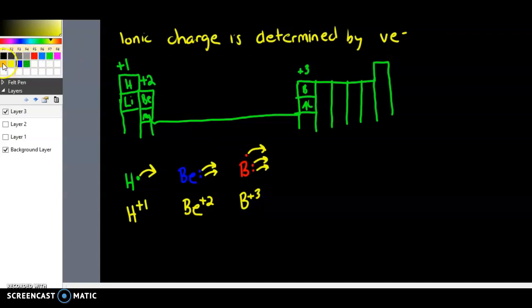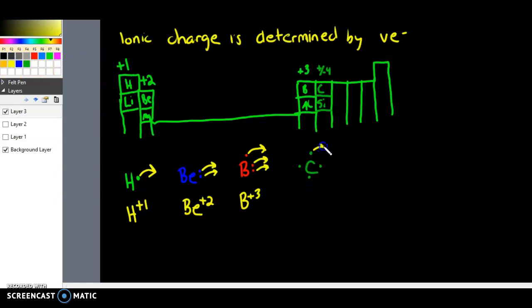Now, this middle section is special. This next column, it's going to be plus or minus 4. So if I look at carbon and silicon and everything in this group, it has 4 valence electrons. So it can do one of 2 things.